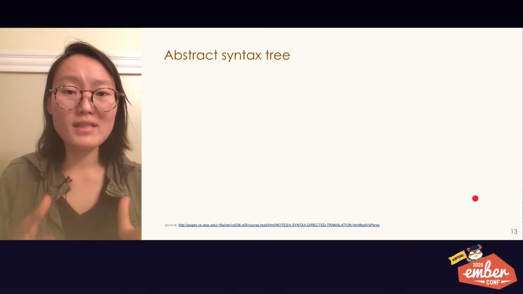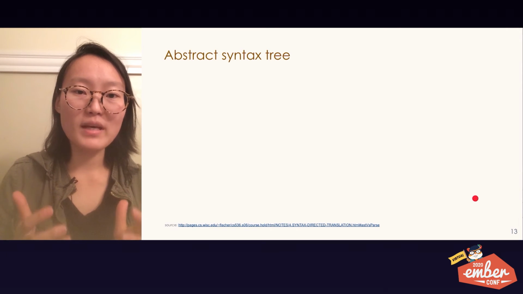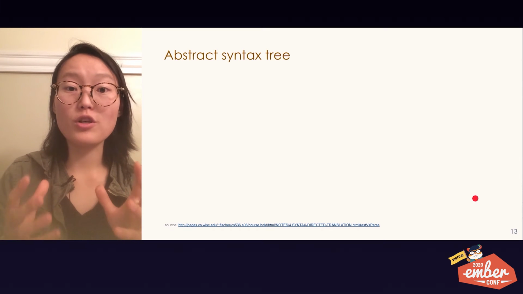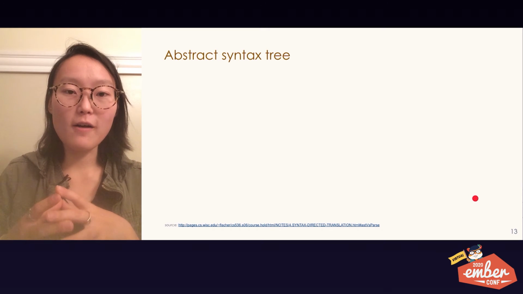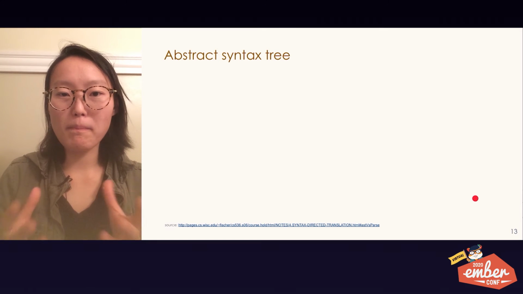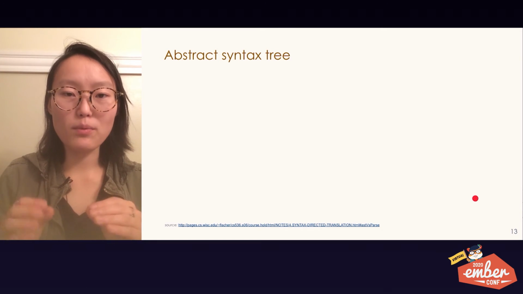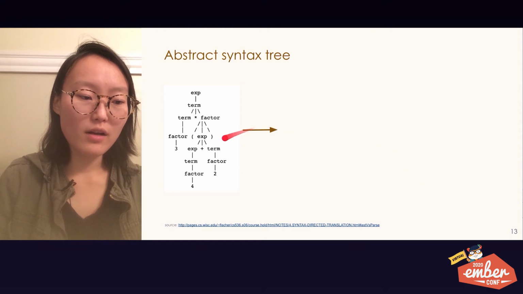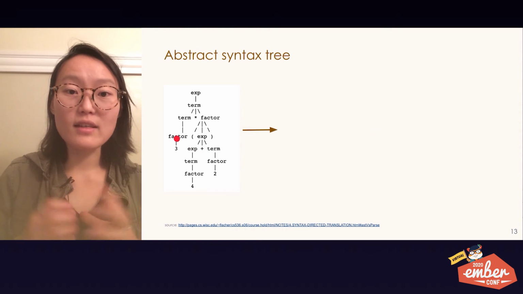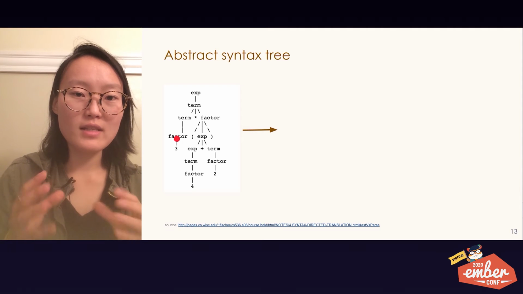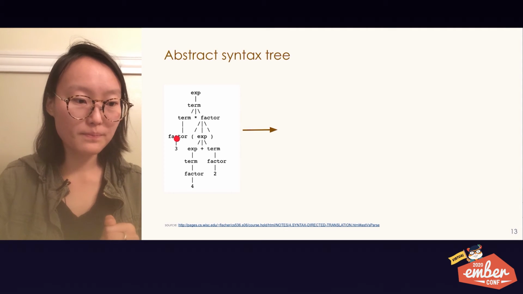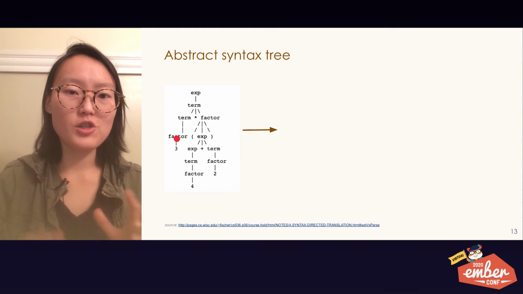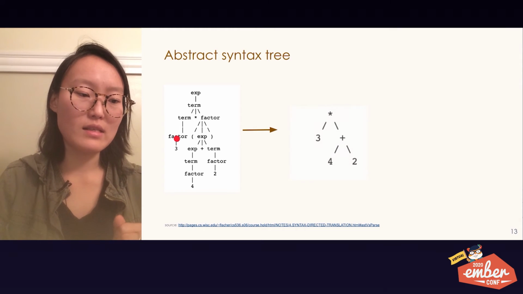The abstract syntax tree basically keeps the best part of the parse tree, which is the grammatical structure of the syntax, but it highlights the most important information. It does so by condensing the chained nodes together, and then it takes away extraneous information, in this case, brackets.